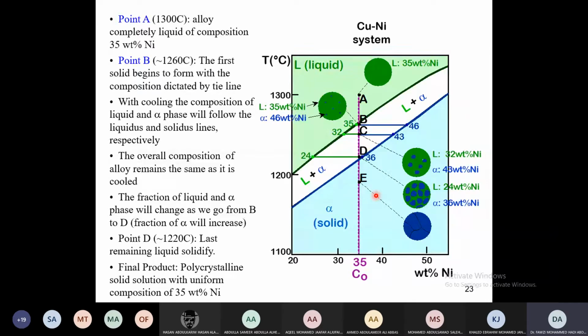Why do we do that? Because we always need to know the history of the development of how the structure or the microstructure of the material develops, because we cannot just go to a point and say, let us see what the microstructure will be. As I told you at the beginning of this chapter, we need the tool, which is the phase diagram, which helps us to predict what phases we are going to get.